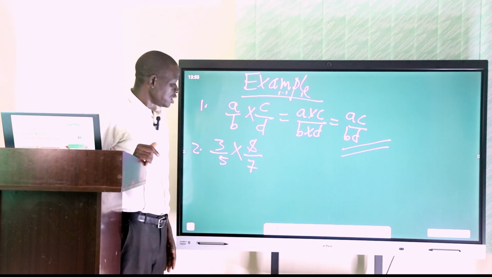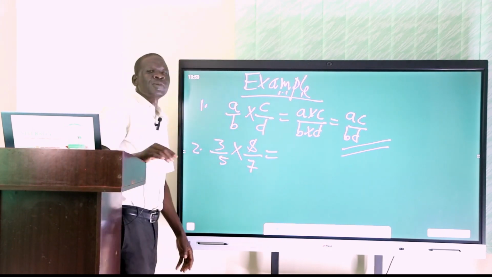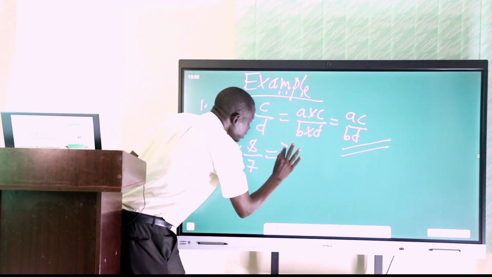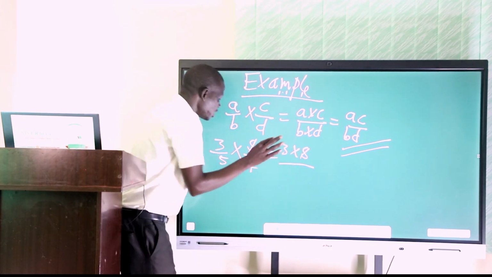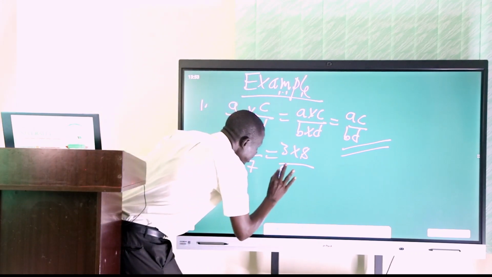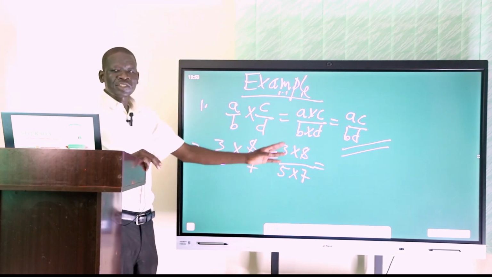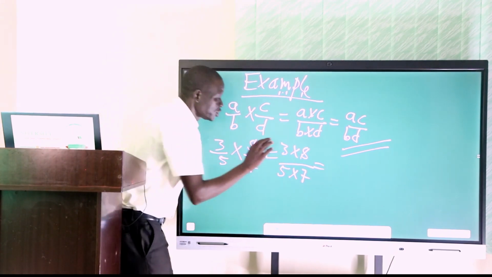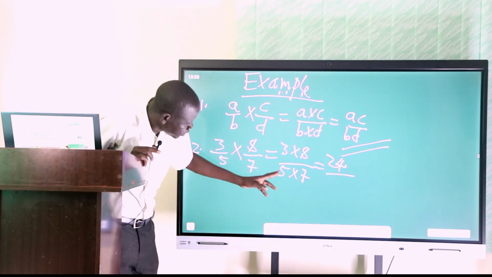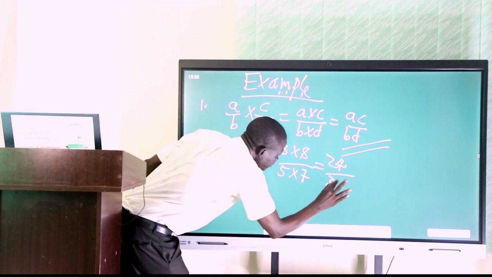We can see that the procedure is the same. We multiply the numerator by the numerator to get the new numerator. So in this case, we shall have 3 times 8 over, multiplying the denominators separately, 5 times 7. When I multiply these, we get 24 over 5 times 7, which is 35.